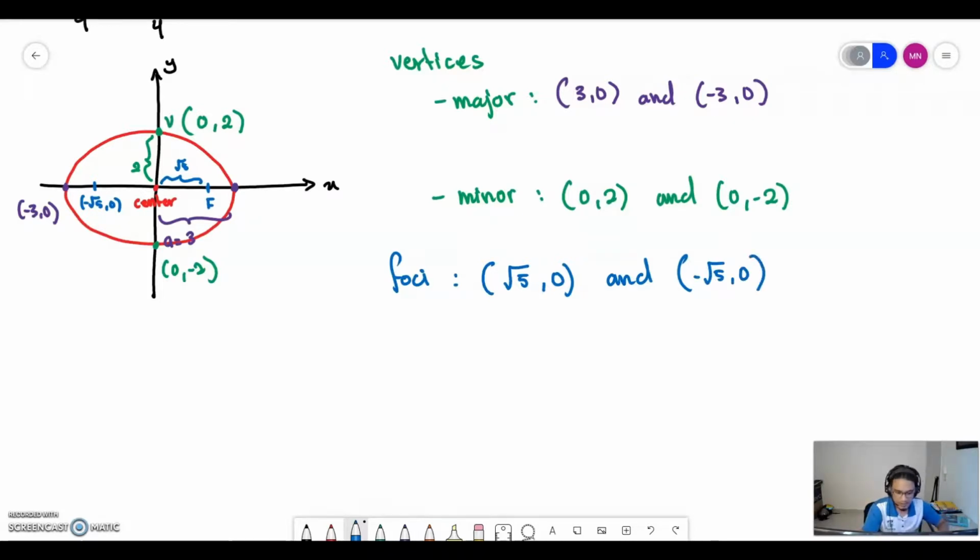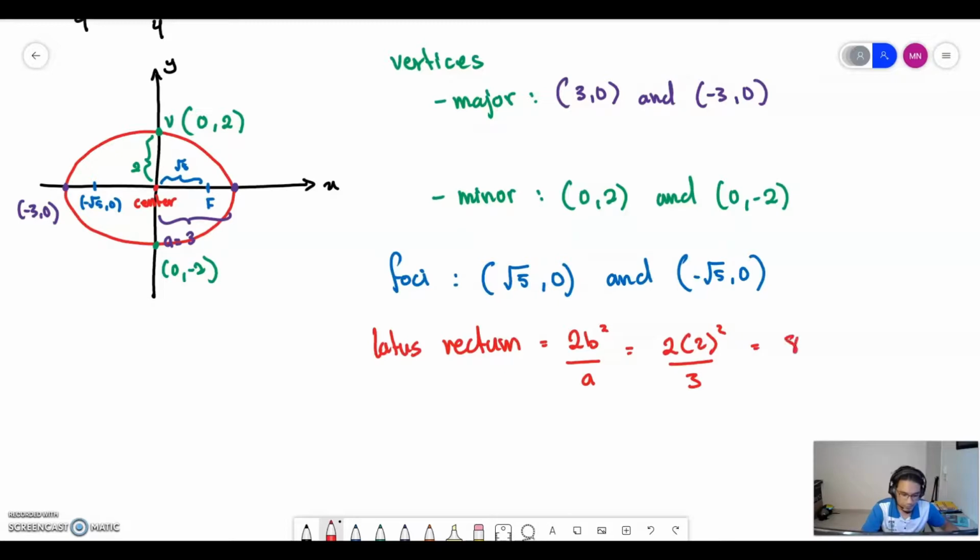So that is the position for the foci. And now we want to find the length of latus rectum. The formula is 2b square over a, equal to 2 times 2 square over 3, equal to 8 over 3. So that is the length of the latus rectum.